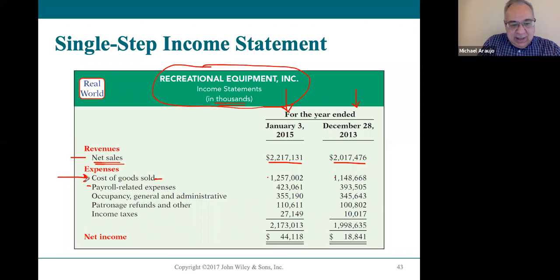Okay. They know that if they can get their cost of inventory down as much as possible, then they're going to be able to get a net income. They're going to be able to squeeze out a profit. And again, cost of goods sold, when you look at this in every single income statement you see, cost of goods sold is going to be the largest expense. Okay.